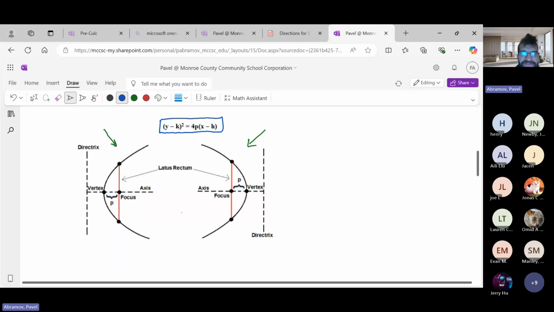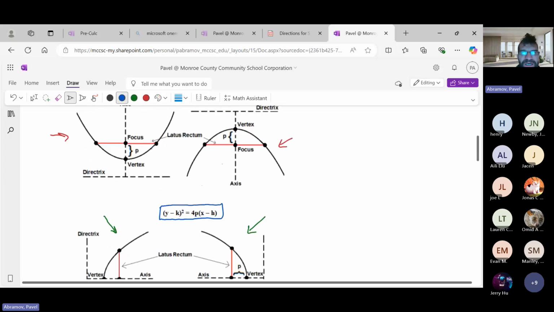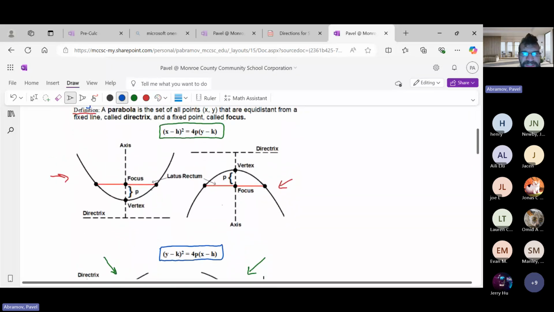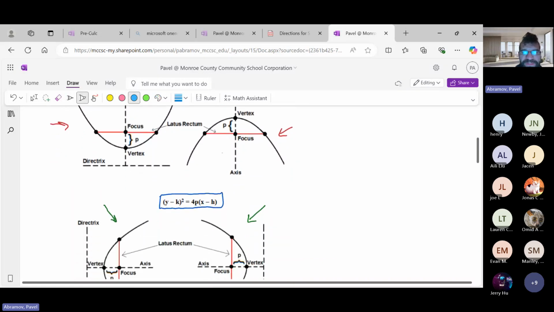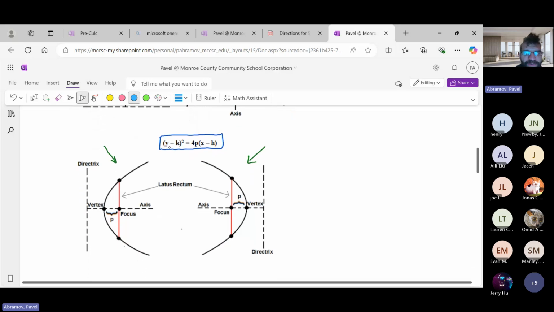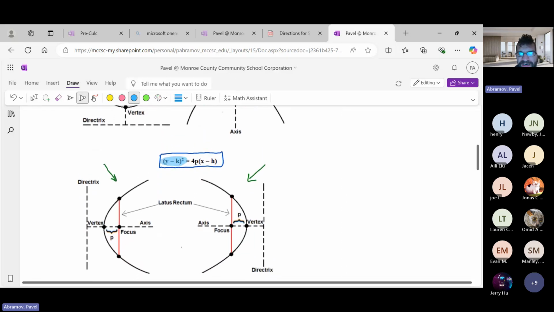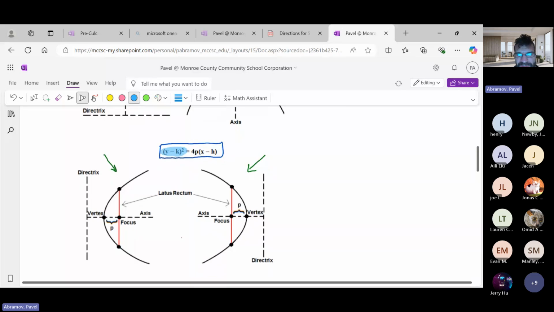So please notice that if your parabola opens vertically, then it is the x variable that is squared. If your parabola opens horizontally, then you have a y variable that's being squared. So you have two different versions of the equations depending on what kind of parabola you have.